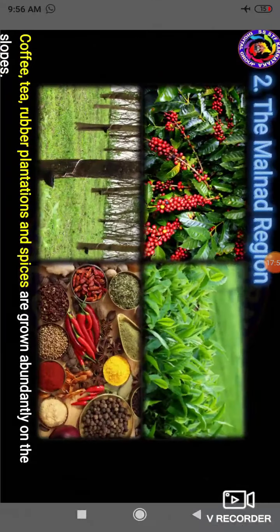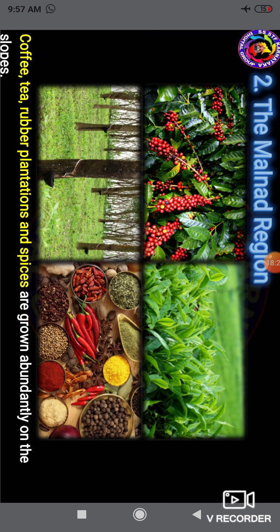And then we see coffee, tea, rubber plantations, and spices grown abundantly on the slopes. So in this region we see very spicy masalas and enjoy their flavors.